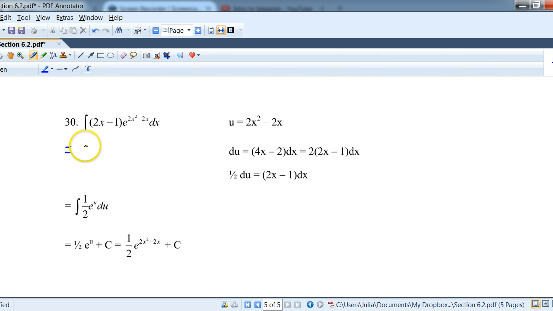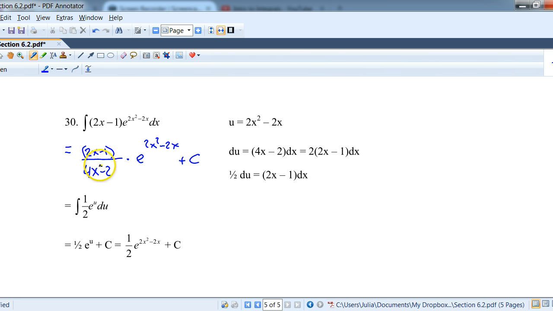That you can use this shortcut if you keep whatever you're multiplying by, let's say 2x minus 1. Then you divide by the derivative, in this case of the exponent, just like you did with the e with a constant, which is 4x minus 2. And then multiplied by the antiderivative, which for the e is basically itself, always the easy one, plus c.